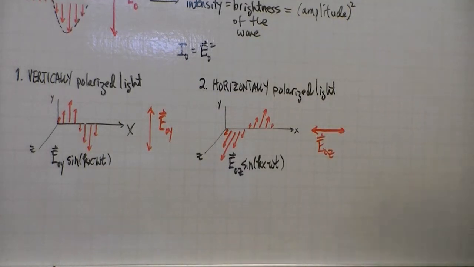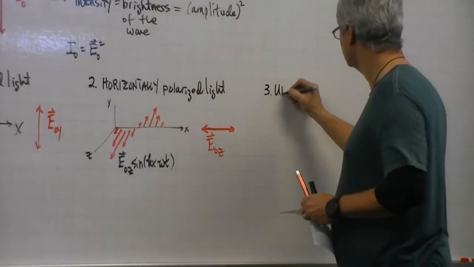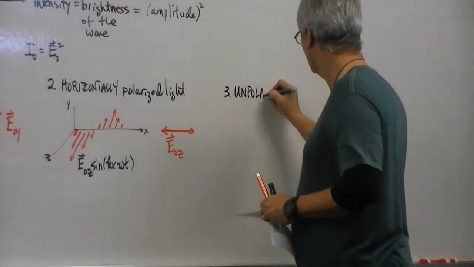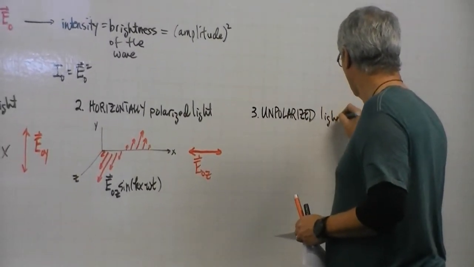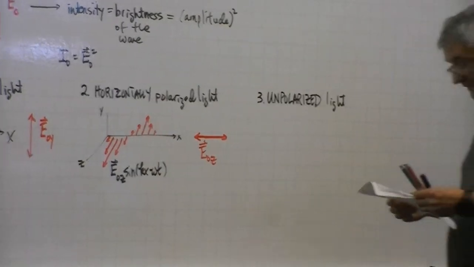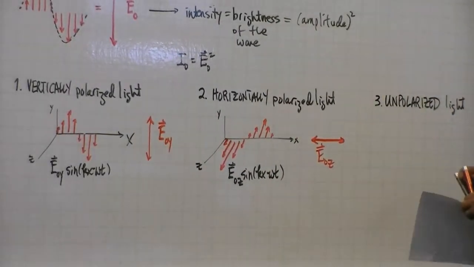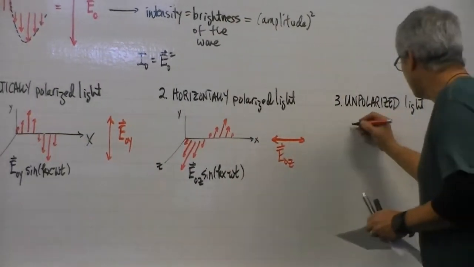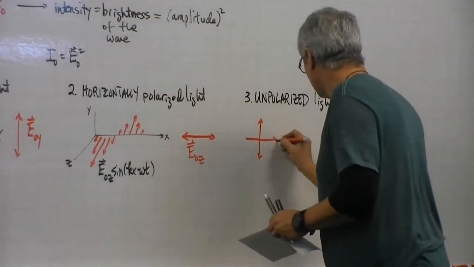And then finally, we have unpolarized light waves. Instead of drawing these things simultaneously, I'm just going to use the pictures here. I'm going to get a wave that looks like this, and a second wave that looks like this.